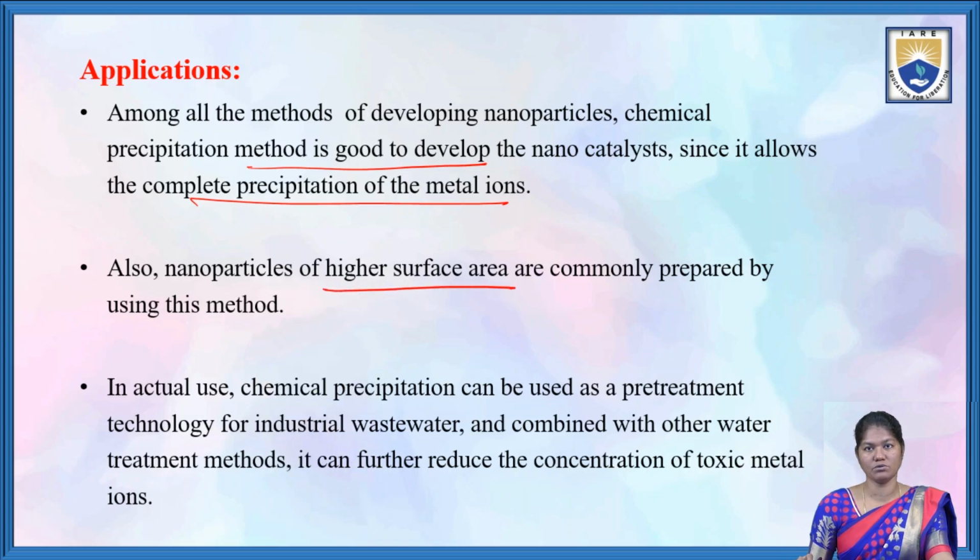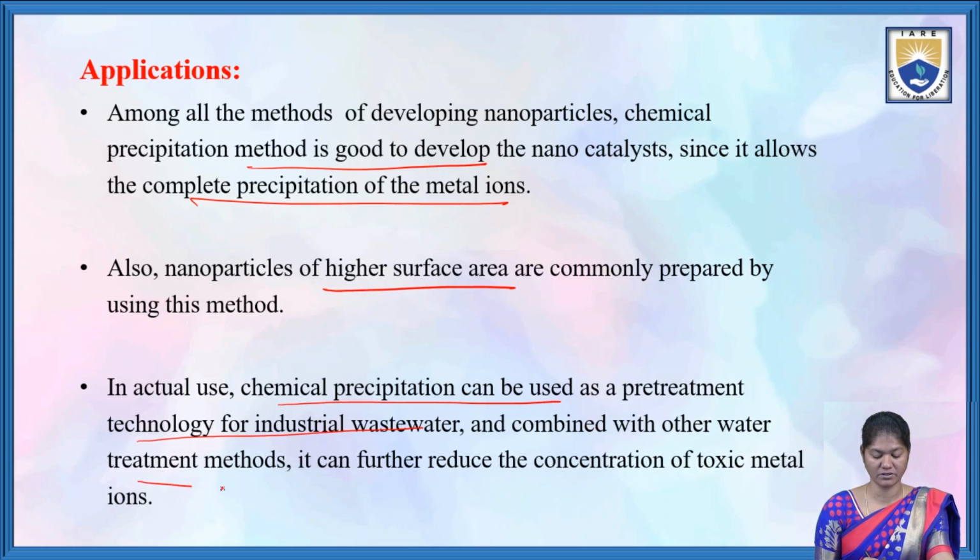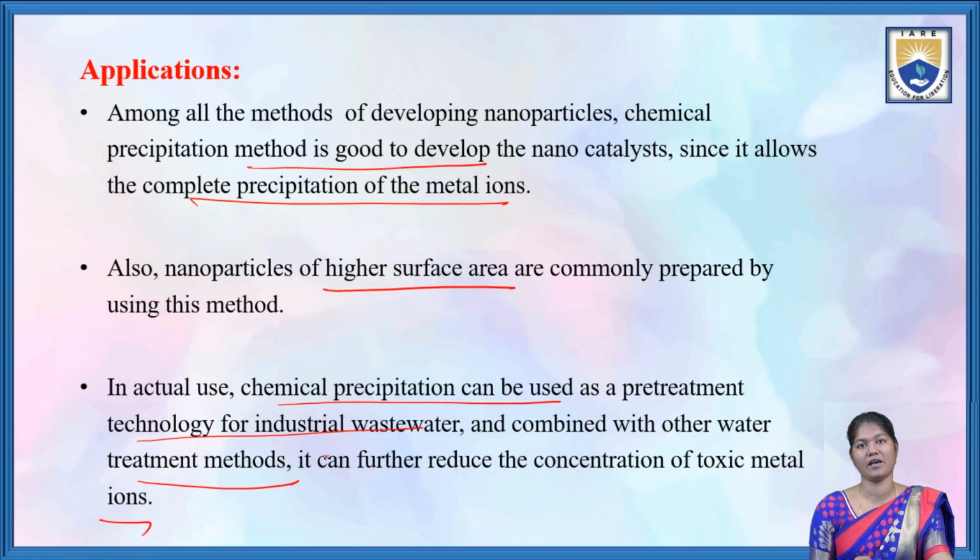In actual use, chemical precipitation can be used as a pre-treatment technology for industrial wastewater, and combined with other water treatment methods, it can further reduce the concentration of toxic metal ions.